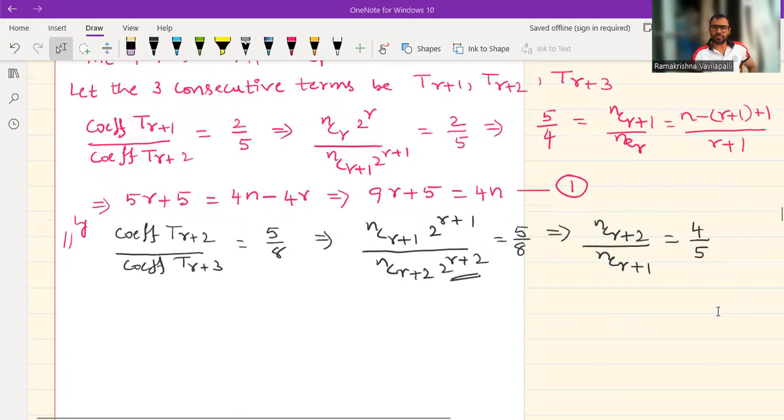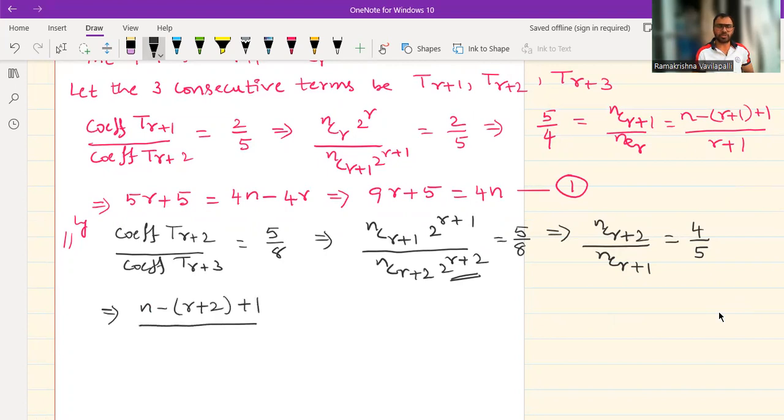Therefore, using the same formula, in place of r we have r+2. So (n-(r+2)+1)/(r+2), choosing the bigger one, equals 4/5.